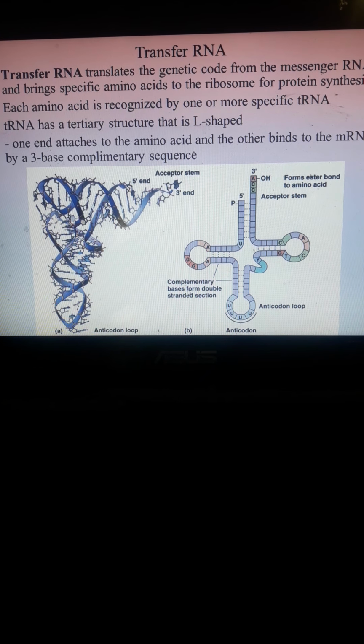And we have complementary bases that form a double-stranded section. Okay? Complementary, result na ito ng copy mismo ng sequence coming from the mother. Okay? So, ito yung mga acceptor stem. So, usually, sa acceptor stem, dyan nag-attach yung amino acids that are used for the protein synthesis.